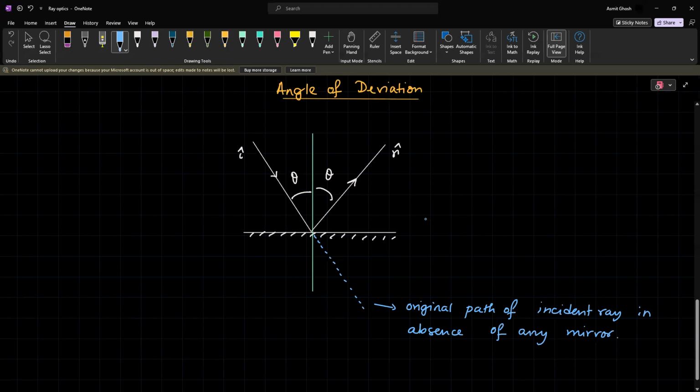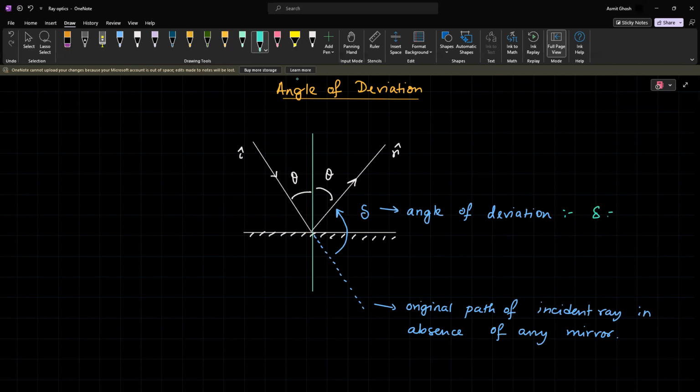Okay, so the ray has actually deflected by a certain angle delta, and this is what is known as the angle of deviation. How to calculate the angle of deviation? Angle of deviation is equal to pi minus 2i. Okay.